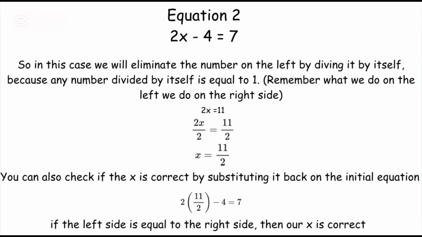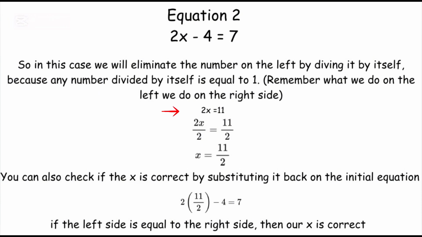But then we are not done with eliminating numbers to be on the same side and variables on the same side. In this case, we will eliminate the 2 by dividing it by itself, because any number divided by itself equals 1. Remember, whatever we do on the left, we must also do on the right.